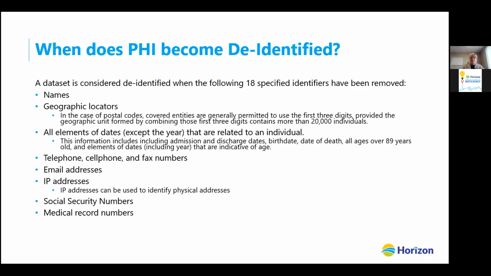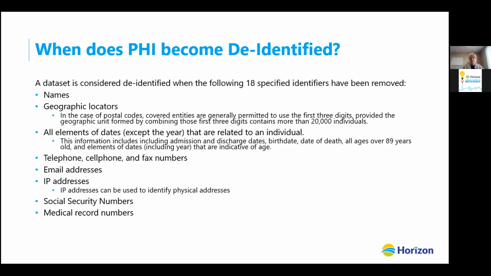And so dates are often included as one of the variables that we want included in our data set, but it's actually considered to be identifying information. So specific admission dates, discharge dates, birth date, obviously, date of death, all those things are considered to be identifiers.